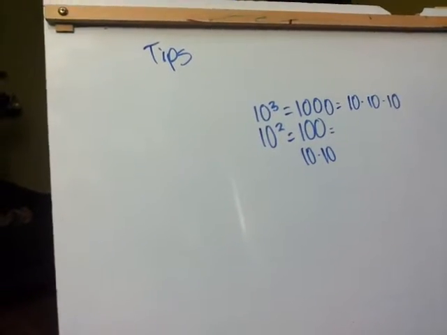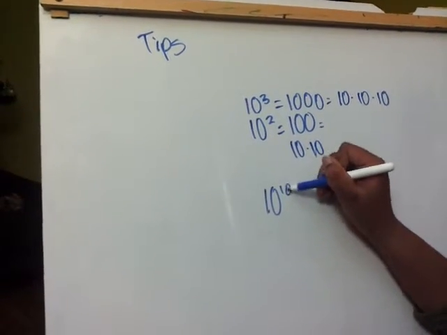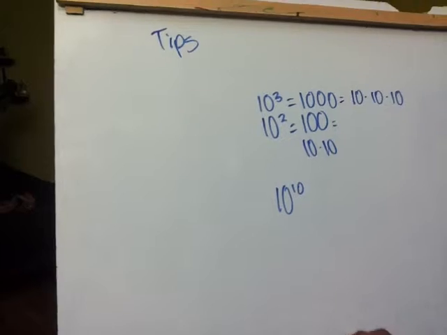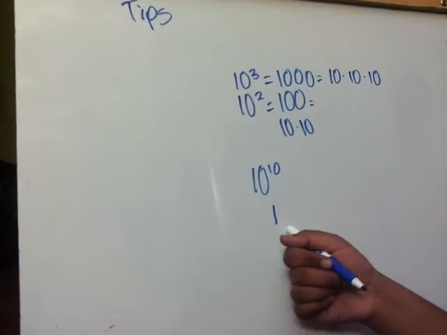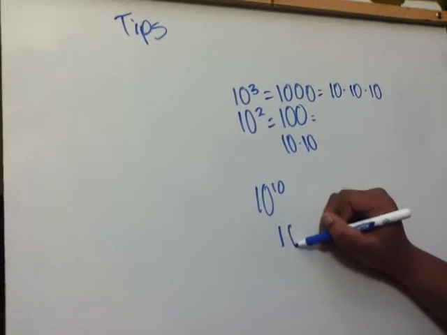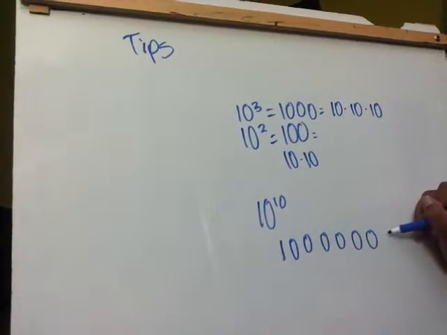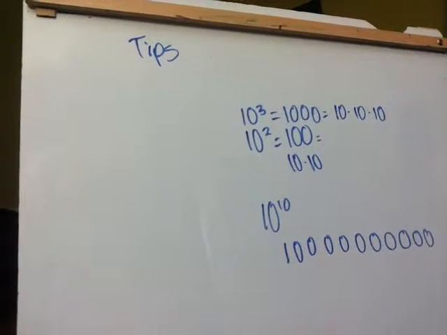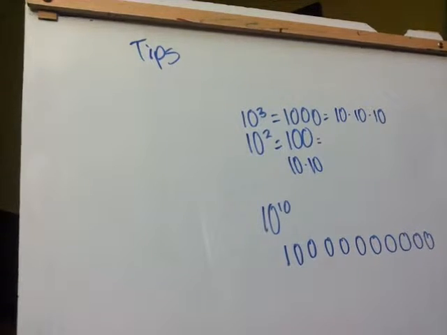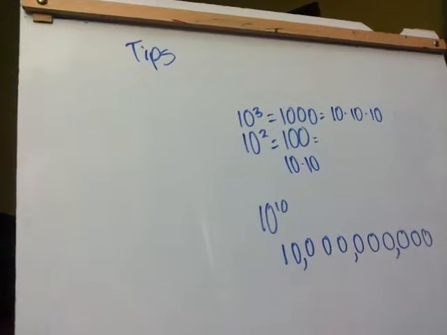So basically, when you get to 10 to the power of 10, you really only have to count the zeros after, because there should be 10 zeros after that single one. So after you put in the commas, you should get 10 billion.